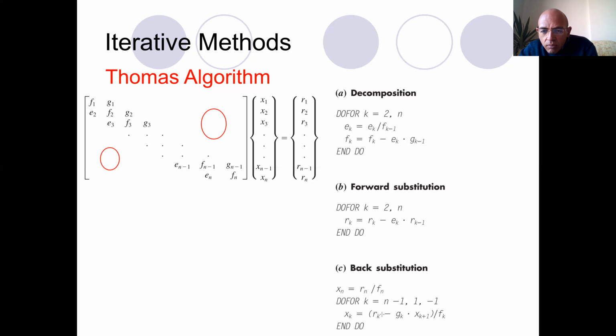And let's look at the number of operations here. One multiplication, one subtraction, and division. So you have 3. In total, you make 8 times n-1 floating point operations. This is significantly lower than the Gauss elimination method. This is a technique that can be used for solving the linear set of equations with a 3-diagonal coefficient matrix.